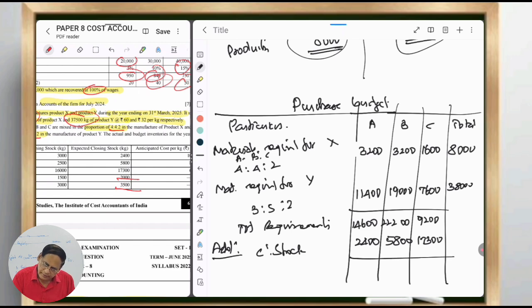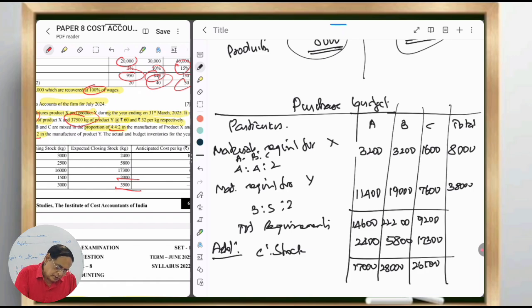So if you add, 14,600 plus 2,400 is 17,000, 22,200 plus 5,800 is 28,000, and 9,200 plus 17,300 is 26,500.